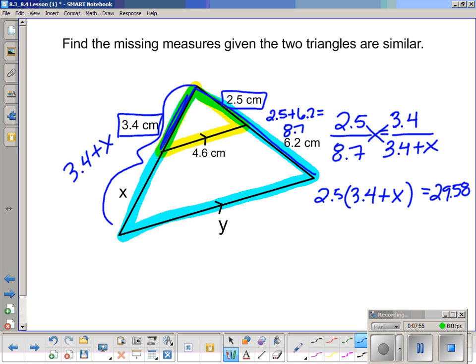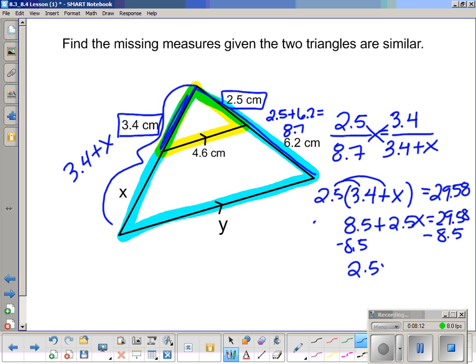I'm going to distribute 2.5 times 3.4, 8.5 plus 2.5x equals 29.58. Then I subtract my 8.5 from both sides. 2.5x equals 21.08.